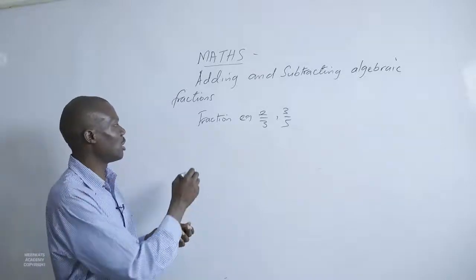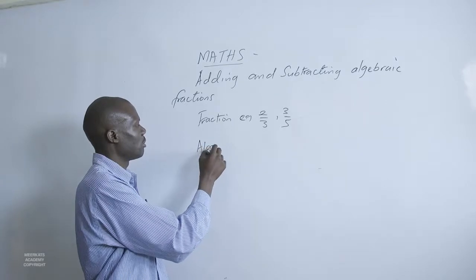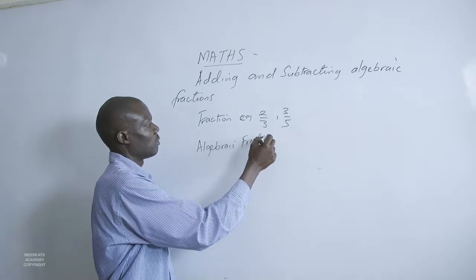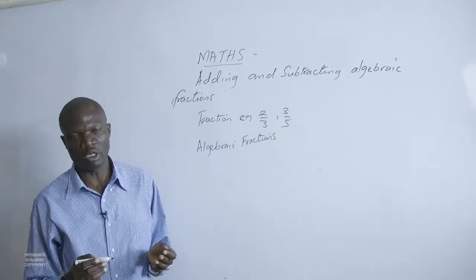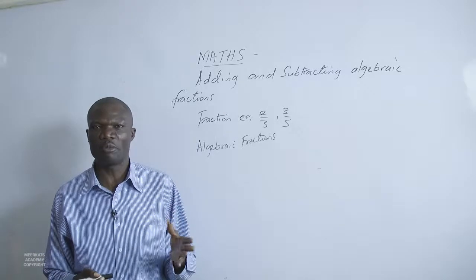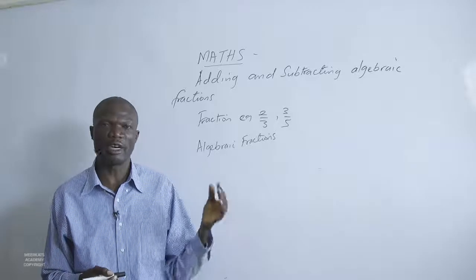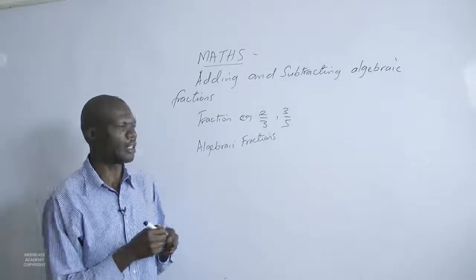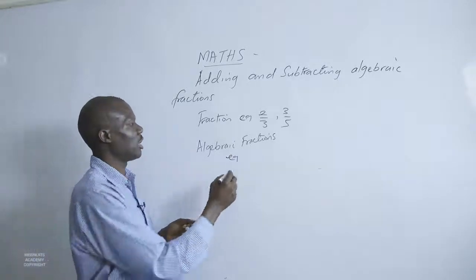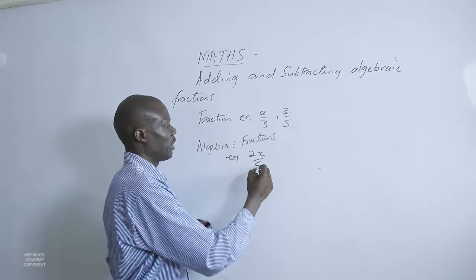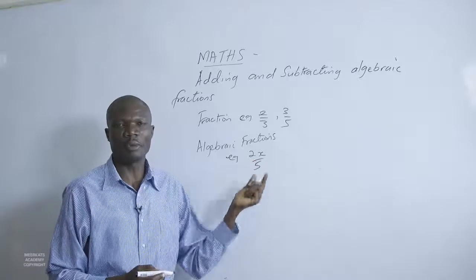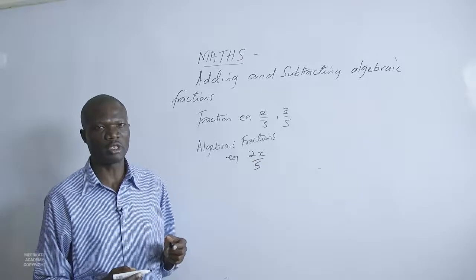But when you talk about algebraic fractions, here we are looking at those fractions which have pronumerals either as their numerator or their denominator. For example, here we are looking at fractions like 2x over 5. This is an algebraic fraction because it has a pronumeral as part of its numerator.